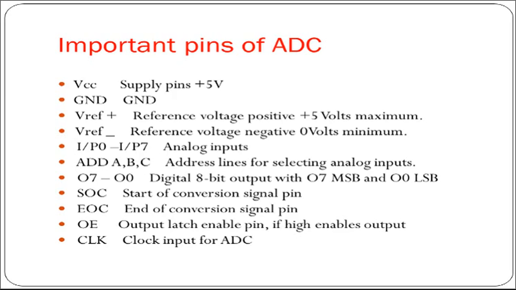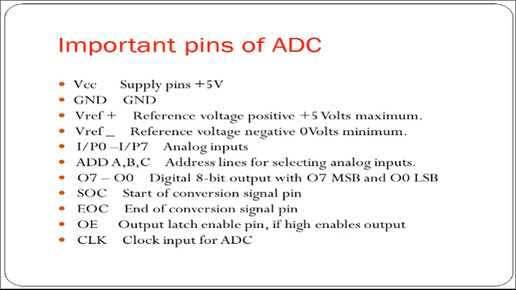The next important line is end of conversion. The process of analog to digital conversion is a slow process, and the microcontroller has to wait for the digital data to be converted properly. So the question comes, how is the controller going to come to know that the conversion is done? Because if the data is read before it is properly converted, it is going to be wrong data.